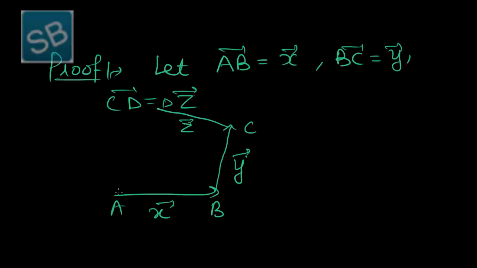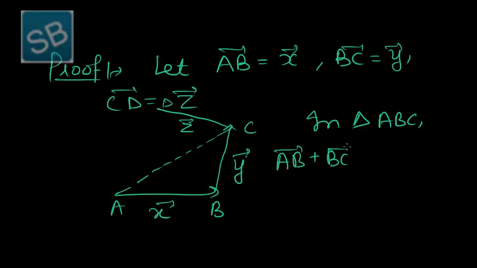So we join first of all AC and we get in triangle ABC, AB plus BC is equal to AC, that is vector x plus y. So AC is vector x plus y.